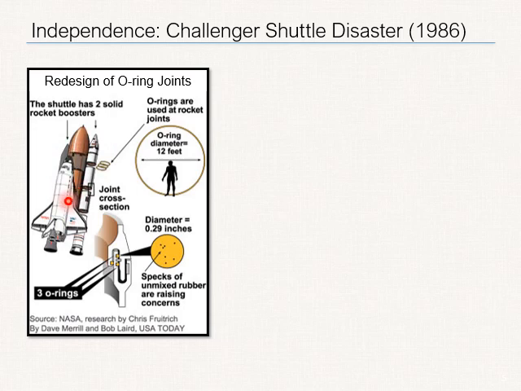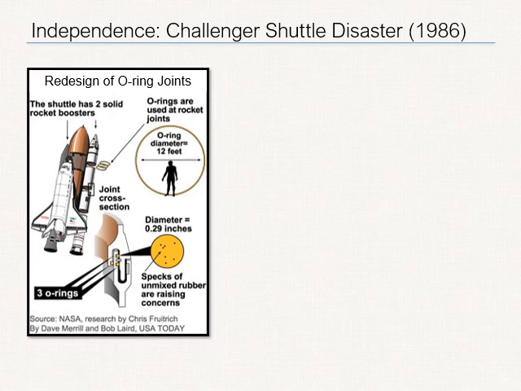This tank is filled with liquid hydrogen, and these are what we call solid rocket boosters. They're filled with solid fuel, not some kind of liquefied gas or liquid. They're manufactured in a plant and then sent to Cape Canaveral, where they are assembled.